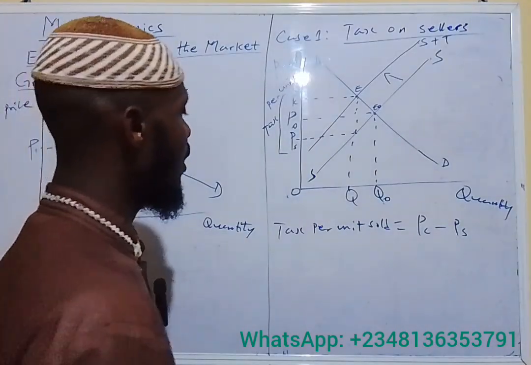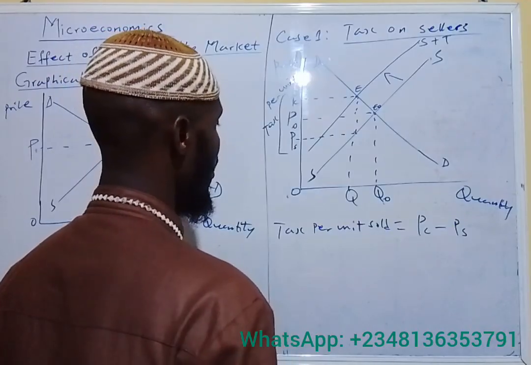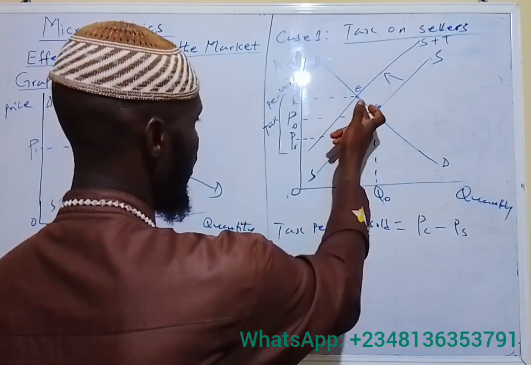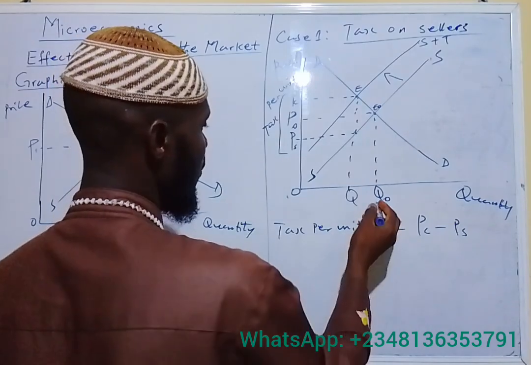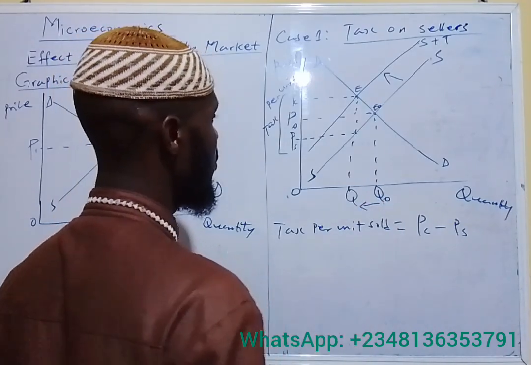Now, in order to make it clearer and more understandable to you, let me use figures. Before I use the figures, you can see that the quantity has fallen from Q not to Q because of the imposition of tax.